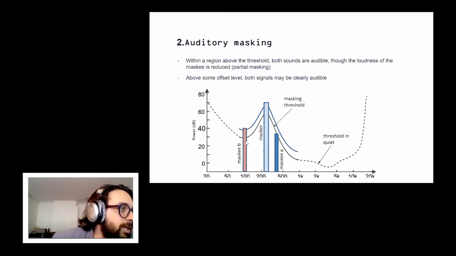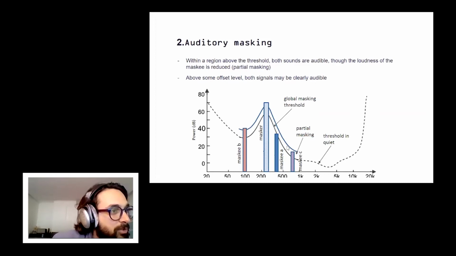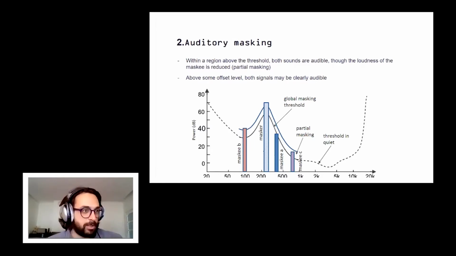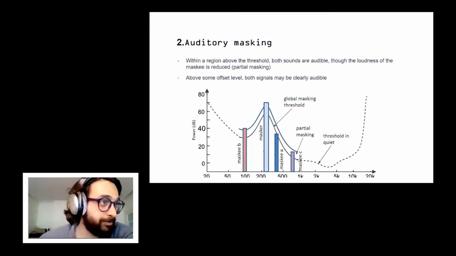So if we have a sound event, I call it mask EB, that is well above the masking threshold, it will most definitely be heard. And if we have a sound event that is above the threshold but not significantly above, within this region, it will be detected most of the time because it's above the masking threshold, but due to interference phenomena, it might not be perceived with high fidelity. Its loudness is in fact reduced.